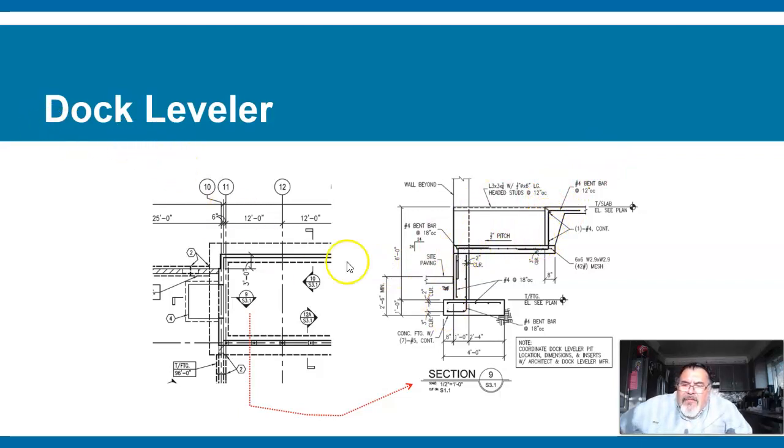It's a dock leveler. It's a way for a vehicle to pull up to the back of a higher plane. So you see this little symbol, circle with the X through it, the corners blacked out, and there, that's telling you that that's at an elevation, a height, a specific height. So there's a relationship between this level and this level.